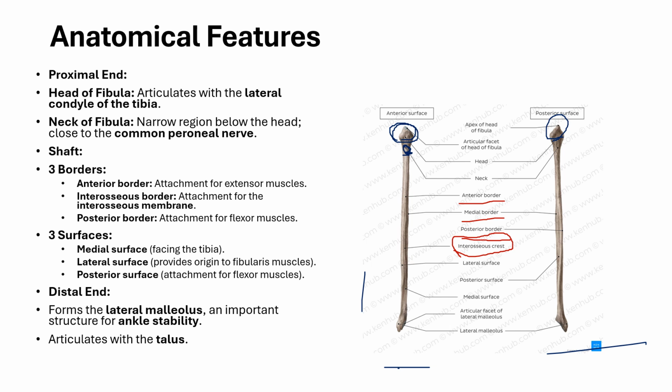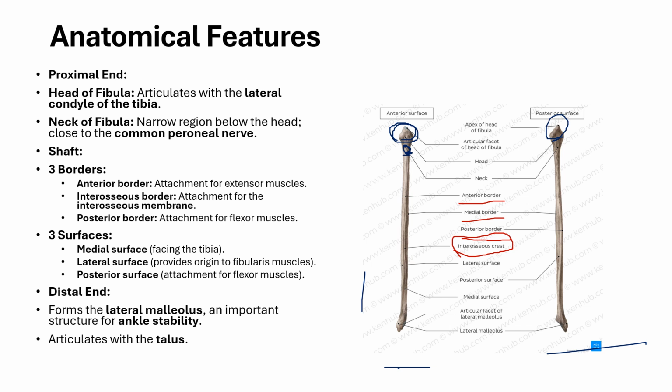The anterior border generally provides attachment for the extensor muscles, and the interosseous border connects the interosseous membrane. The posterior border provides attachment for the flexor muscle group.